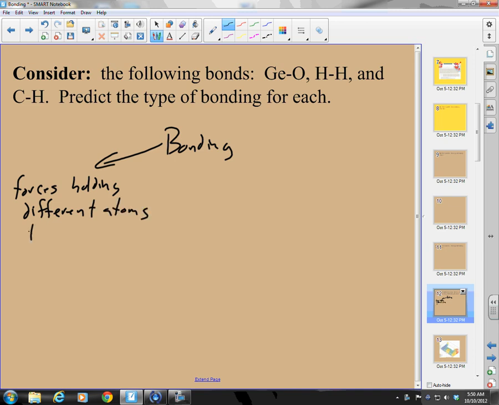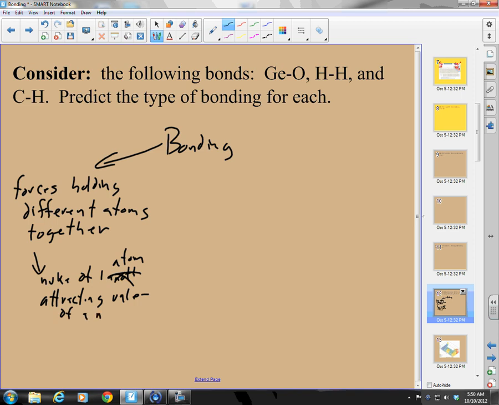And this is really the nucleus of one atom attracting valence electrons of another. Good.